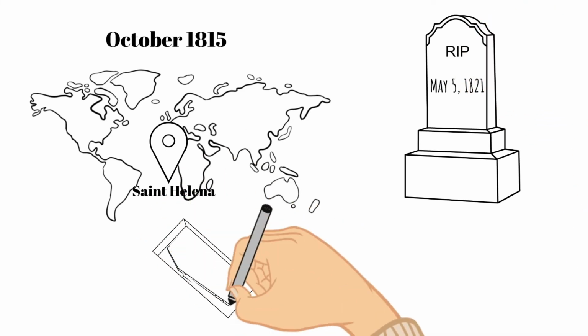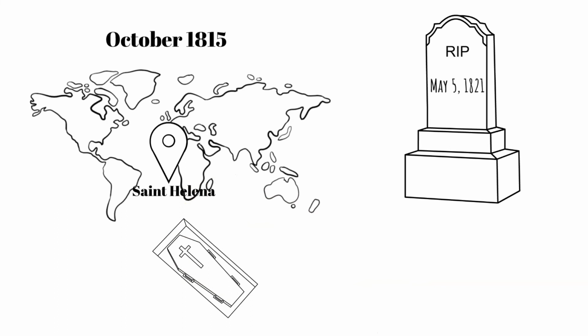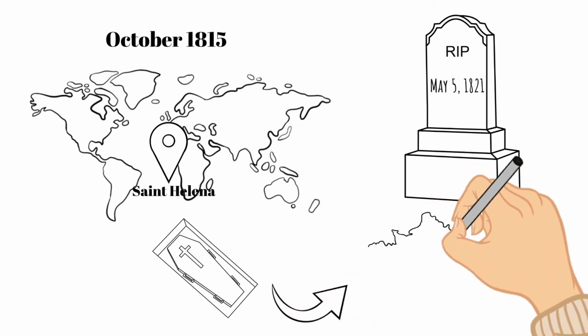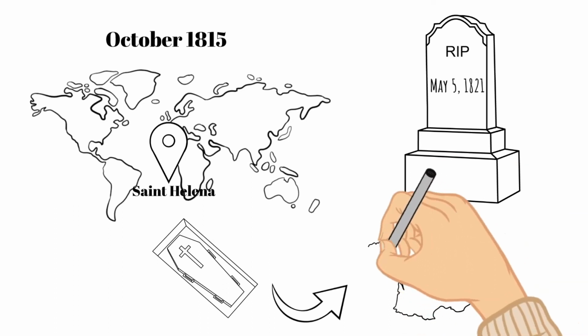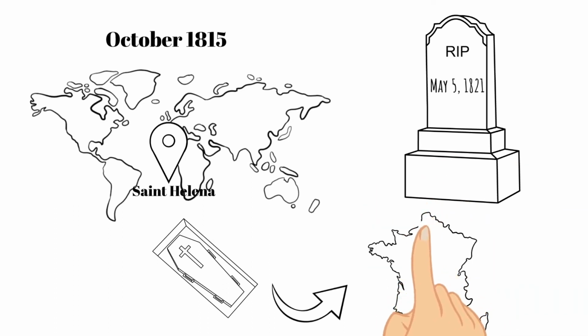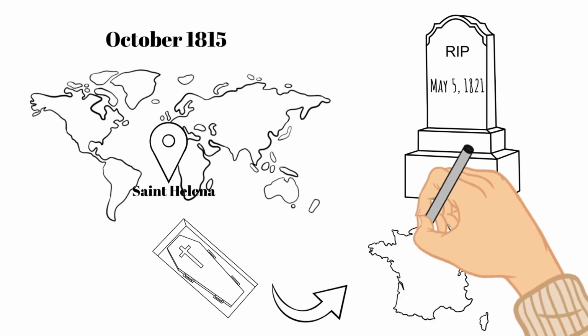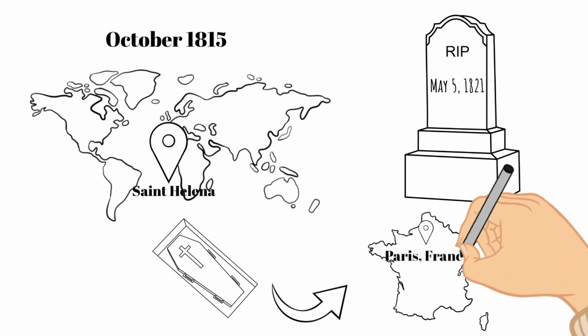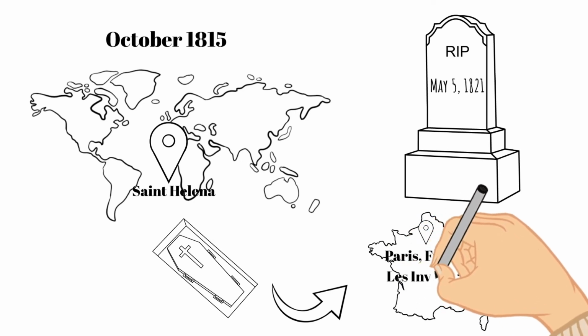He was buried on that island, but then was later moved back to France and entombed in a crypt at the Les Invalides, which is a military complex in Paris and where many French military leaders are interred.